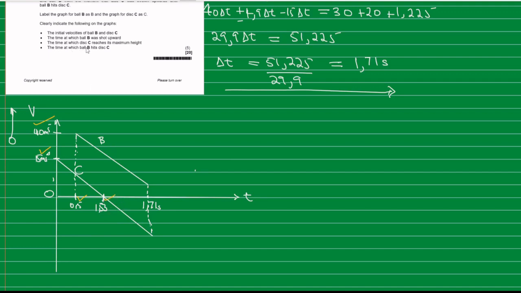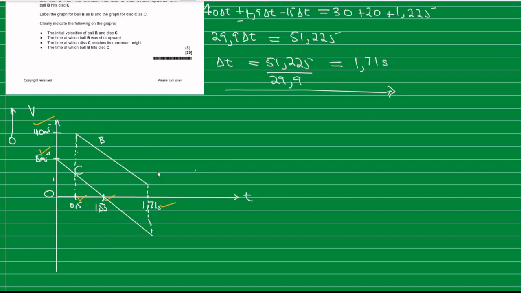And the time at which ball B hits disc C, so disc C at that instant was moving downward after it reached maximum, so the time is 1.71. We've indicated that. So all the information is shown. So that diagram will represent our velocity-time graph.